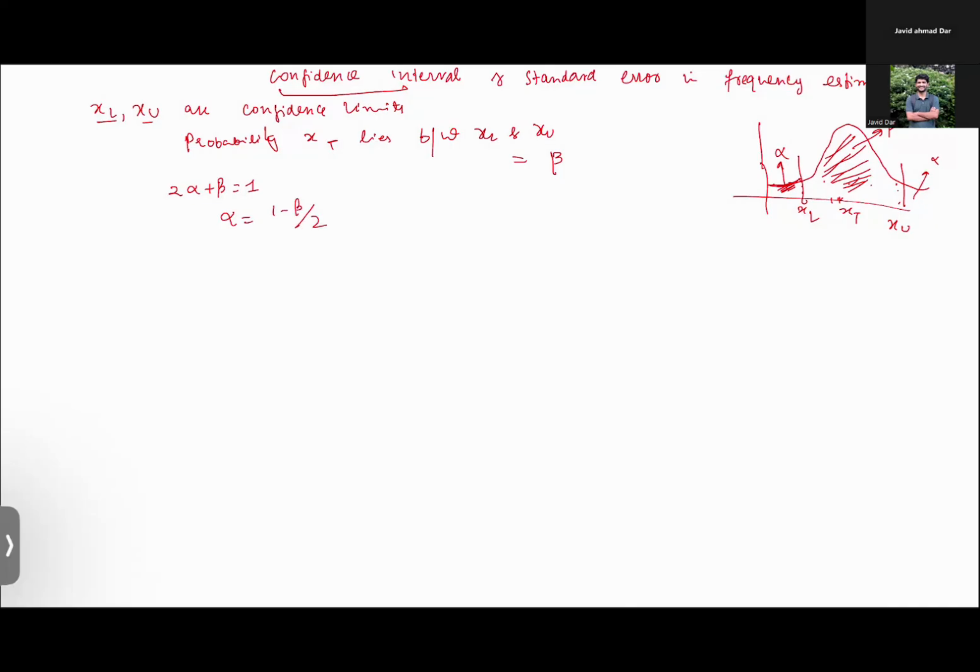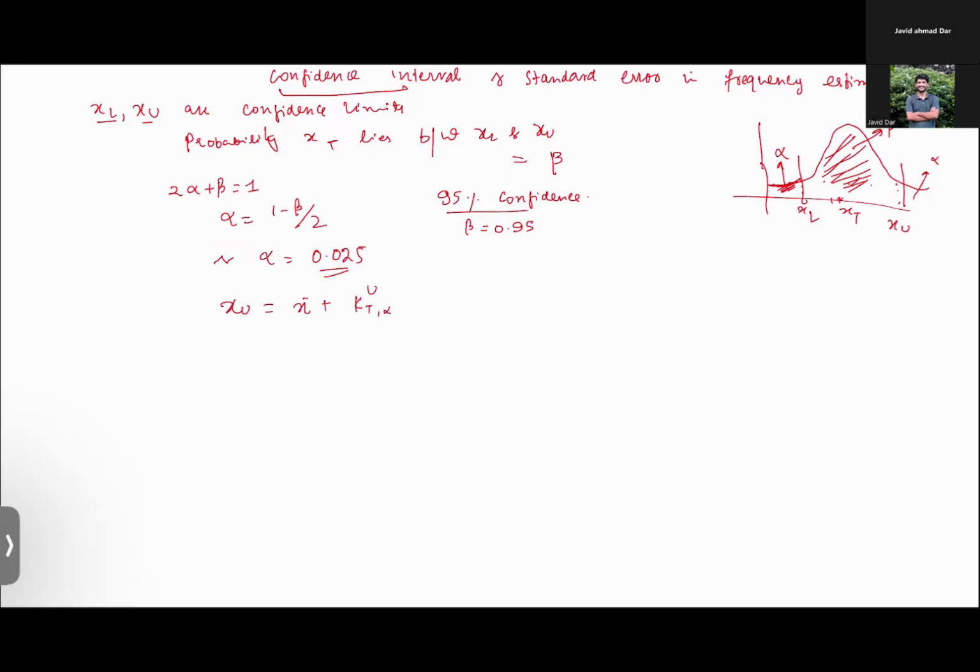Now let's say there is 95% confidence. That means your beta is 0.95 and your alpha will become equal to 0.025. One of the important things is to estimate this upper limit and lower limit. The upper limit is estimated as mean plus K(T, alpha).